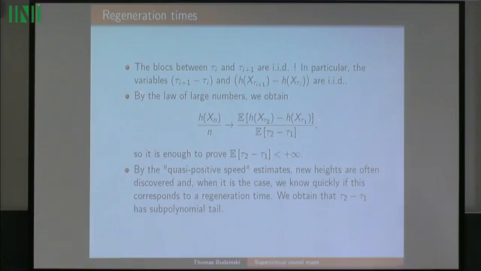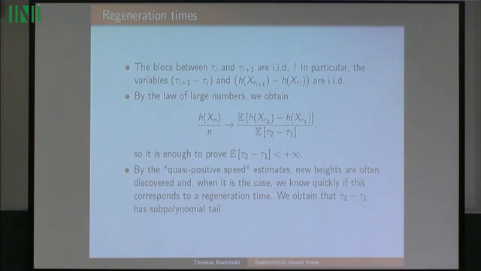So the only thing left to do is to prove that this is positive, which is equivalent to proving that the expectation of the regeneration times is finite. And basically, it can be proved with the help of these quasi-positive speed estimates. So roughly speaking, the idea is that since I have this quasi-positive speed, I reach new heats for the first time quite often.